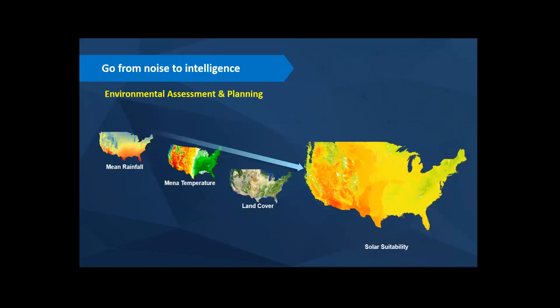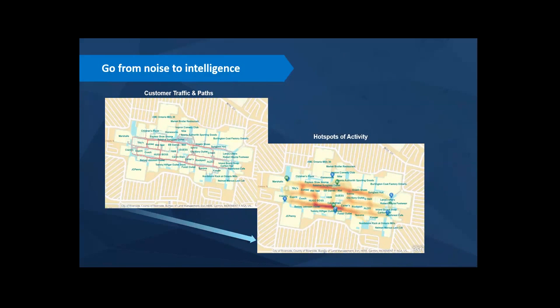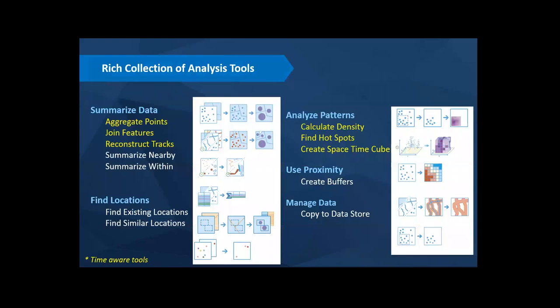Or it could be in environmental assessment and planning, where you could be collecting census information to identify, for instance, heat islands for green infrastructure planning, or determining solar suitability based on mean rainfall, temperature, land cover, and elevation information variables for extensive areas. Or in commercial sectors, where you could use the patterns and trends for footfall traffic or crowd monitoring.